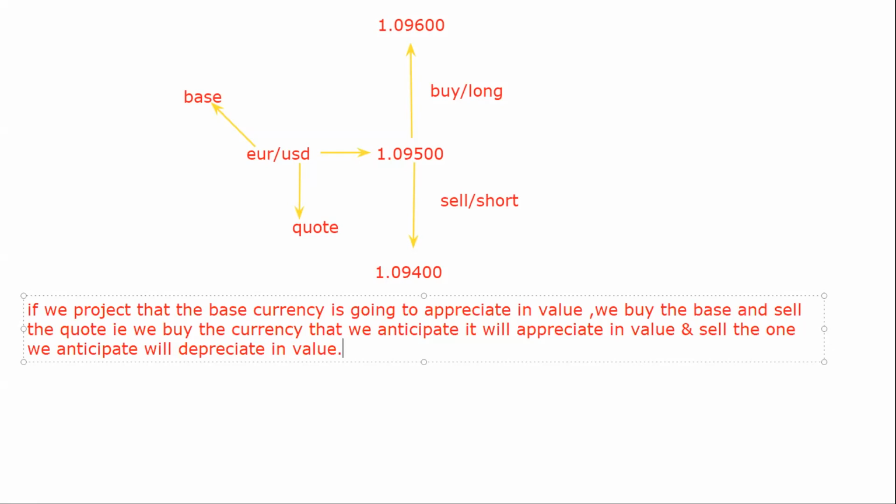When we are trading, we analyze the market from the current market position, and we predict the future of the currency, whether it's going to appreciate or depreciate.